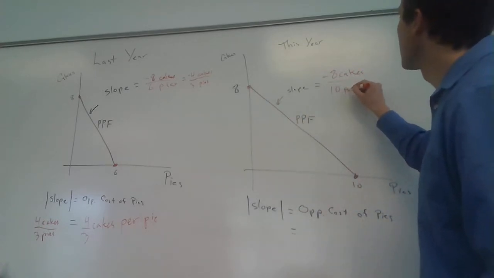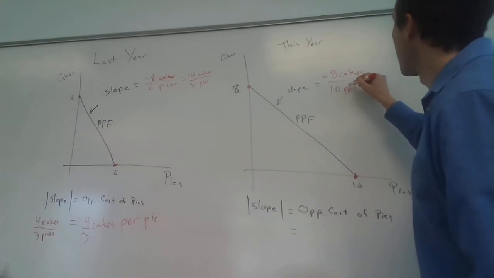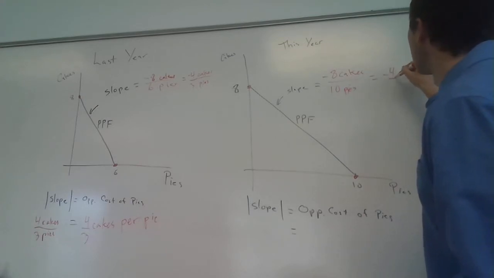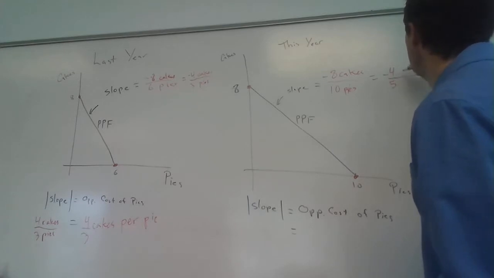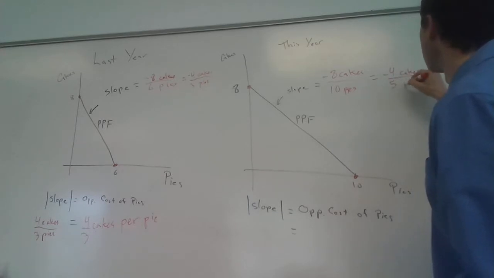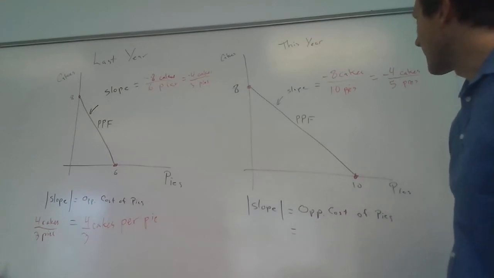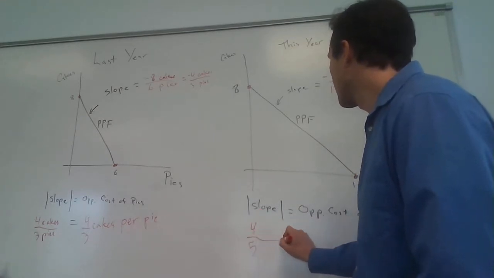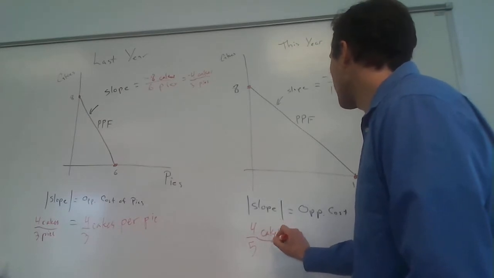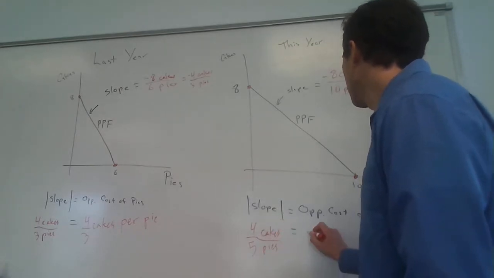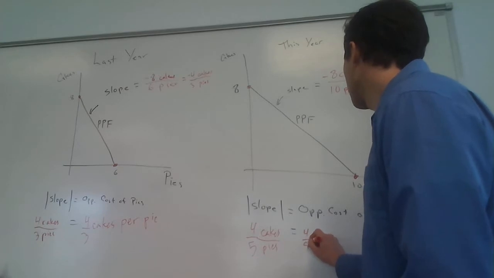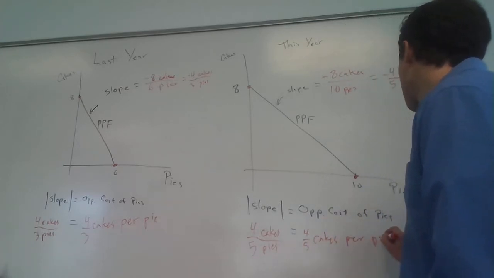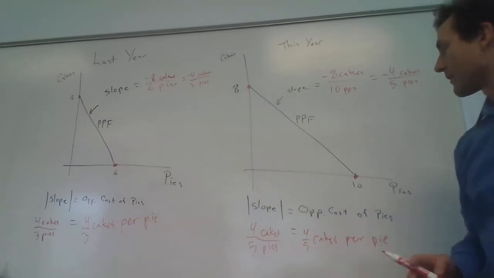So this is going to be negative 4/5, just being consistent here, cakes divided by pies. So the slope here is negative 4/5 cakes divided by pies. So 4/5 cakes per pie. That is the opportunity cost of pies.